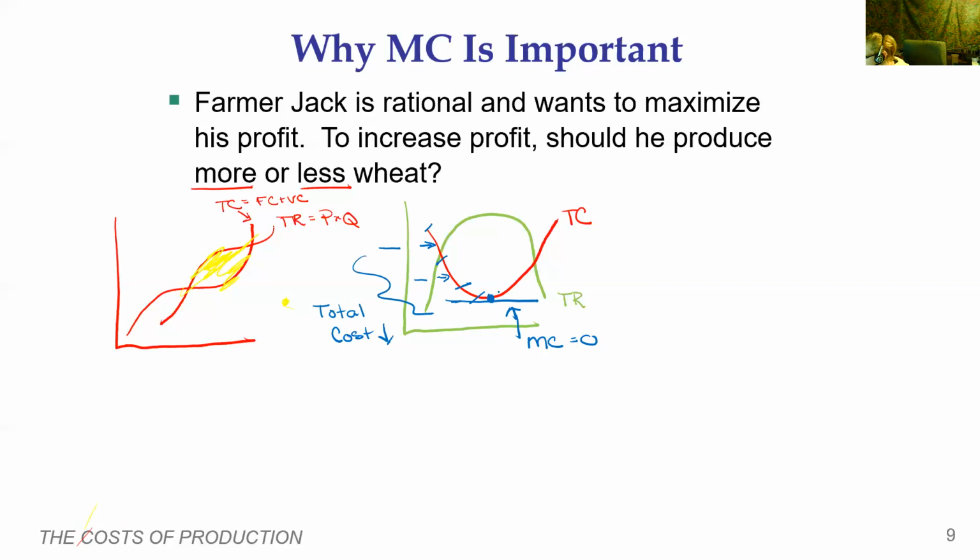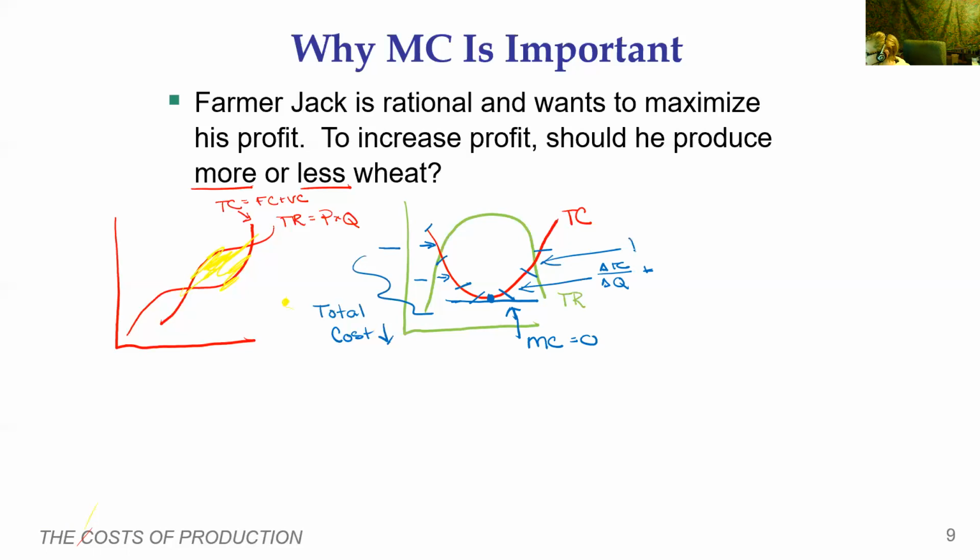If I were to take this next section, maybe from here to here, the change in total cost divided by the change in quantity would be positive, but not very positive. Then I would take a look here.